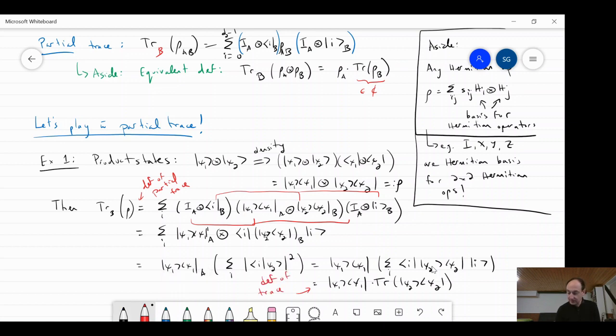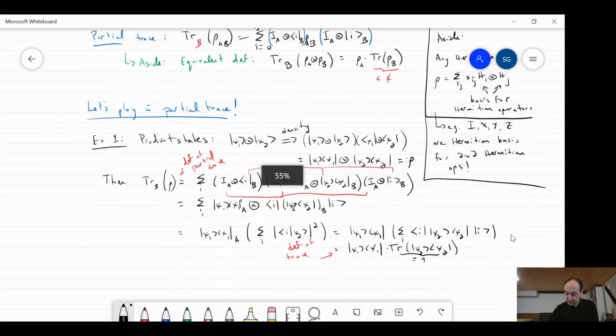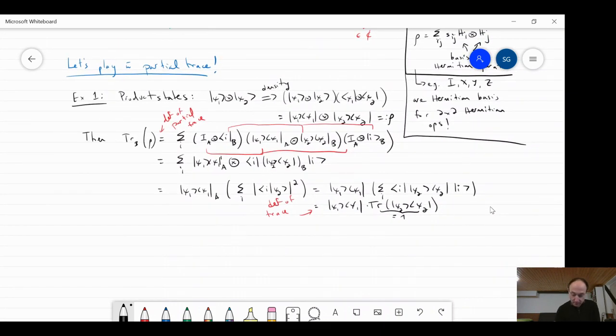Okay, and psi2 is a unit vector, so this trace here is just equal to 1. It's a rank 1 projector onto a pure state. And so this just equals psi1.